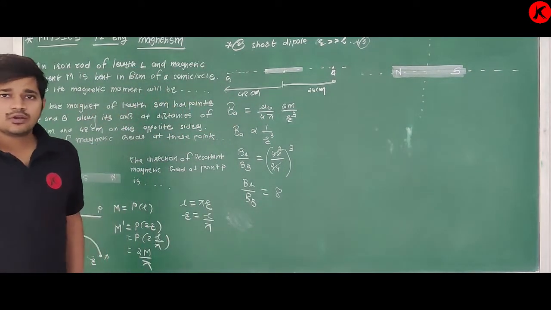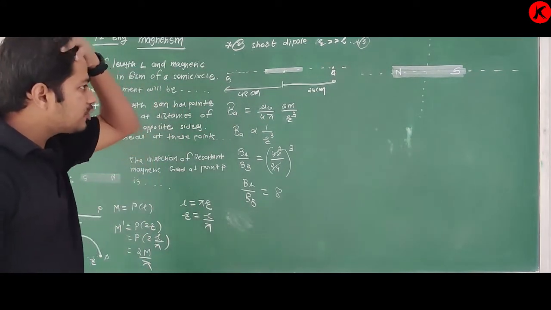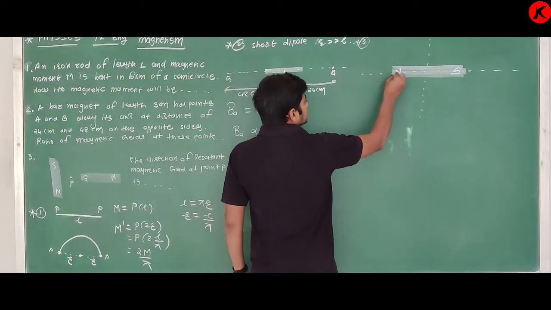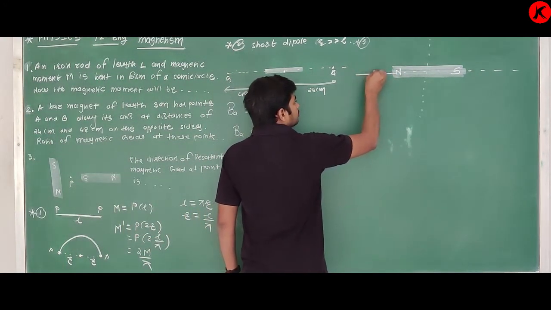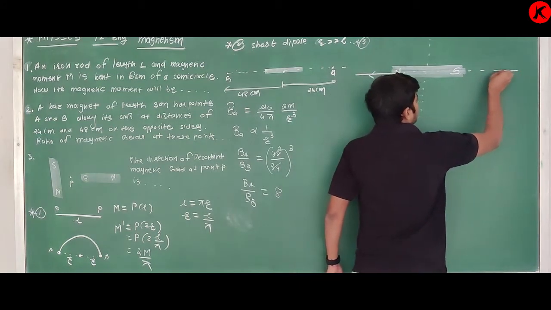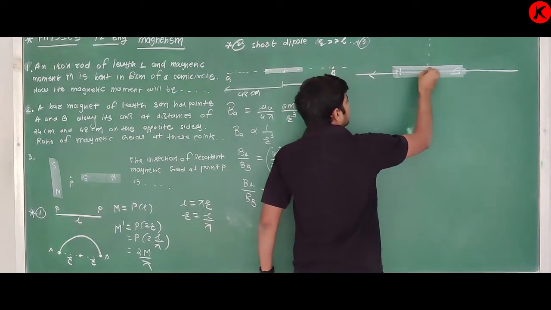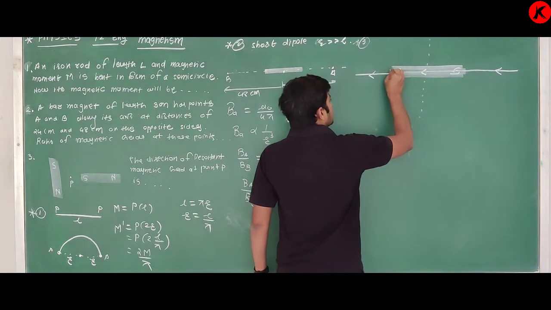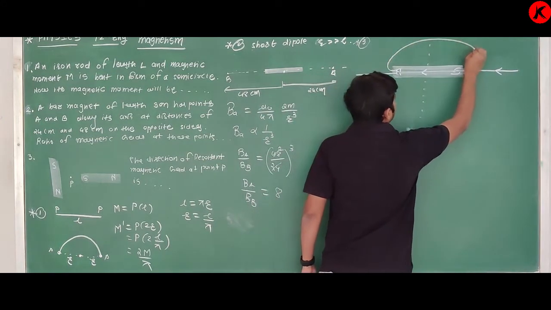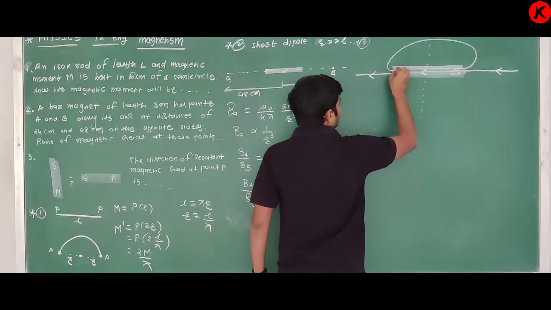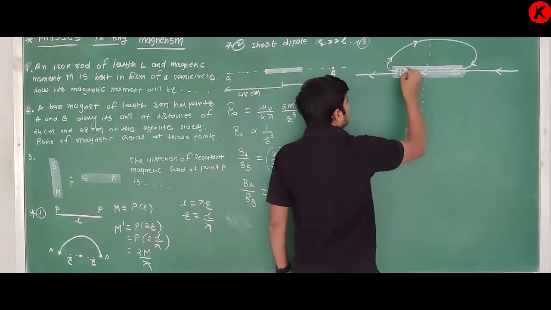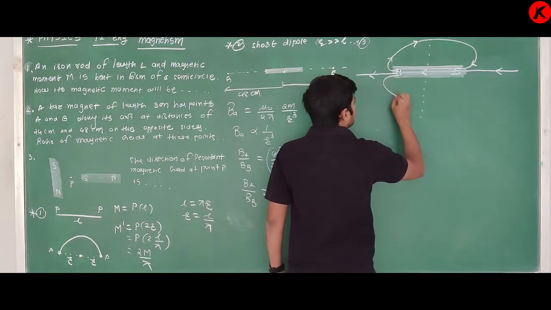First of all, we will see the magnetic field lines due to a bar magnet. On the axis, this is a magnetic field line, like this. Another magnetic field line is like this. They go from north outside, and in south inside, like this.